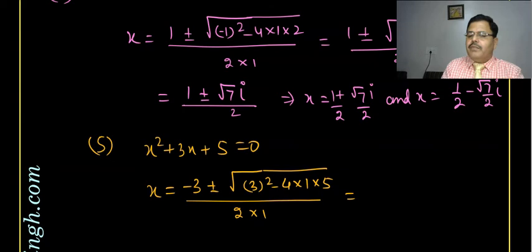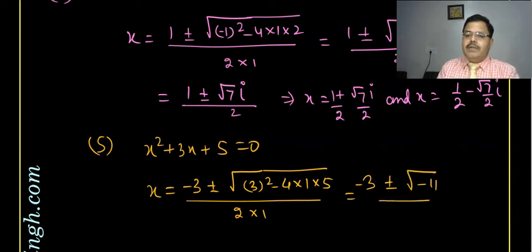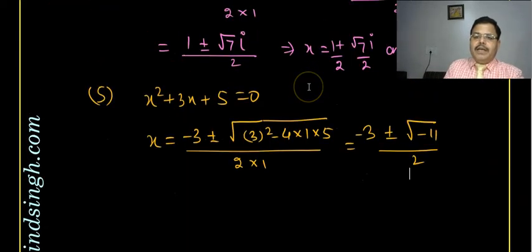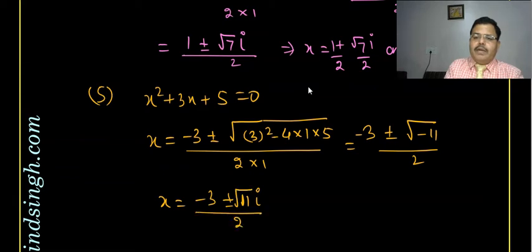This is the quadratic formula. I hope you know this, and this is 9 minus 20. So under root minus 11 by 2, and so x is equal to minus 3 plus minus under root 11 iota divided by 2.